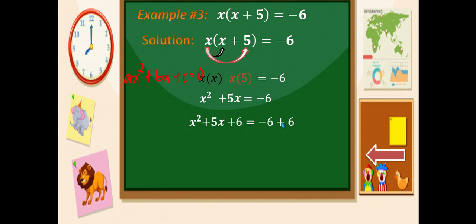As you can see here, class, ganito yung ginawa dyan. Nag-add ako dito ng 6, nag-add din ako sa kabila ng 6 para ma-eliminate natin to. Ito yung purpose, okay? Para ma-eliminate to. Okay, now, x squared plus 5x plus 6, copyhin lang natin yan, equals 0. Kasi negative 6 plus 6 is equivalent to 0.